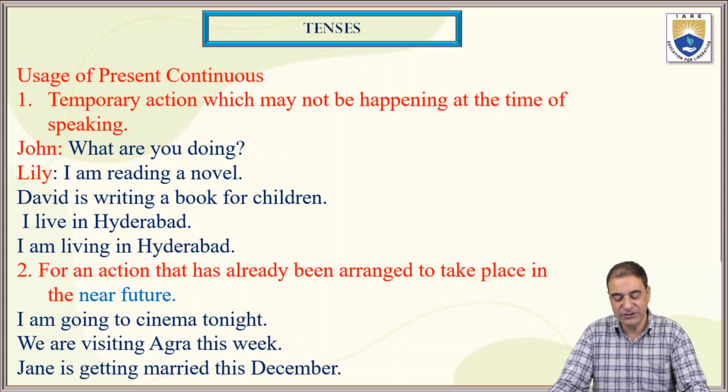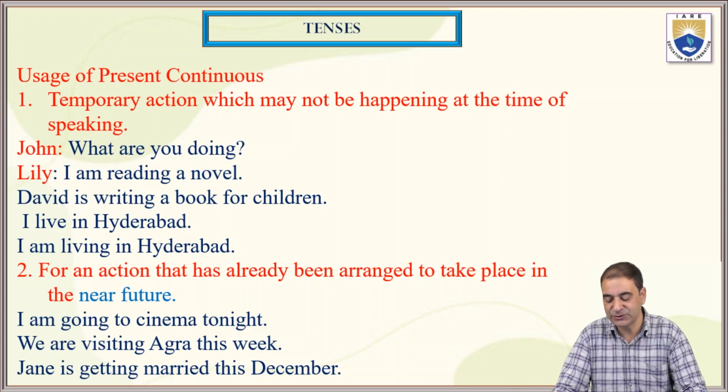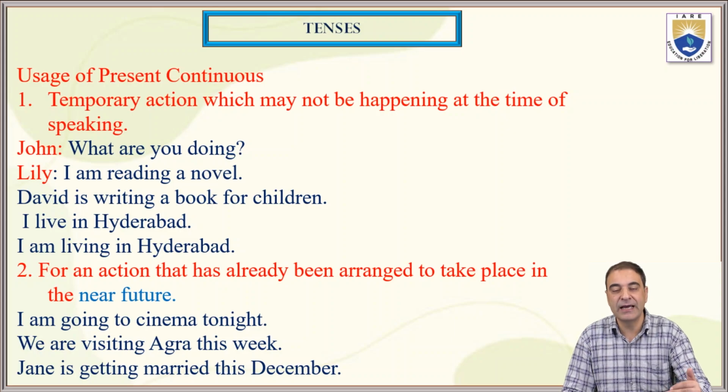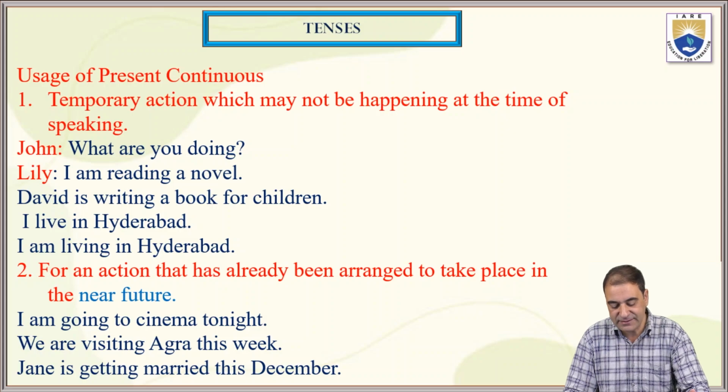That's why for an action that has already been arranged to take place in the near future, we use this tense for planned actions or for the near future, or you can say future planned actions. For example, we are visiting Agra this week.